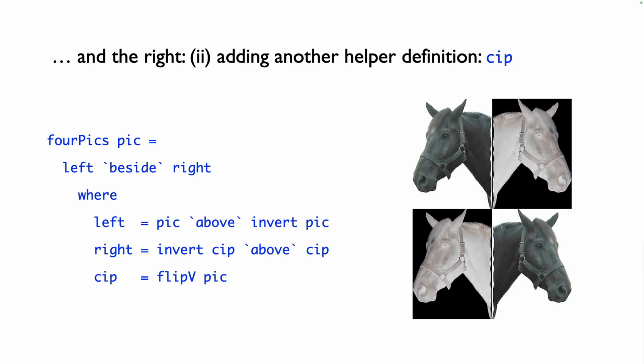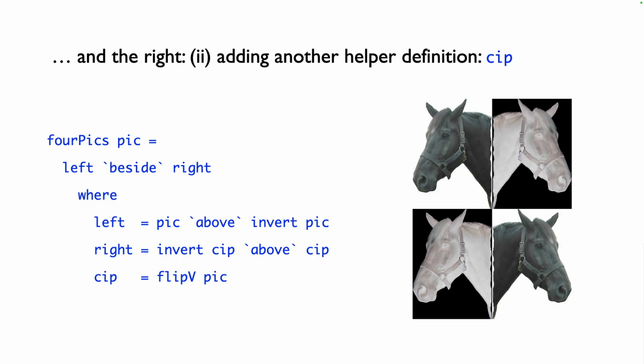One way is to add another, what I've called a helper definition. And this is this thing sip. It's sip because it's pick backwards, and pick backwards is got by flipping pick in a vertical mirror. So we've got sip defined to be flipV of pick, and then we can say the right is invert of sip above sip.